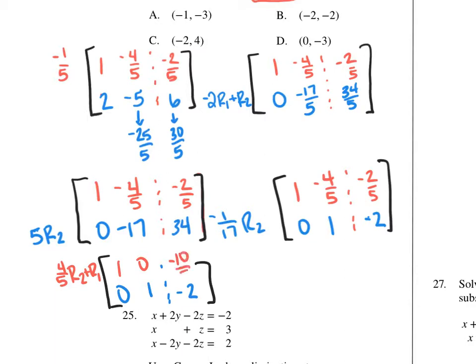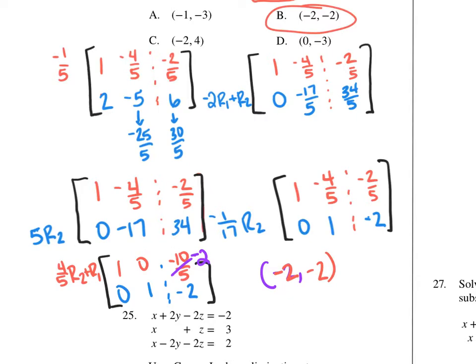Now, negative 10 divided by 5 simplifies to just negative 2. So that's a negative 2 sitting there. So I can see now that my solutions from the reduced matrix are going to be negative 2, negative 2. The answer here is B.